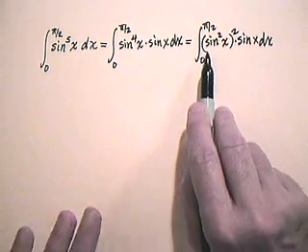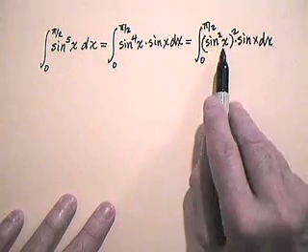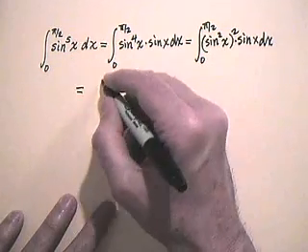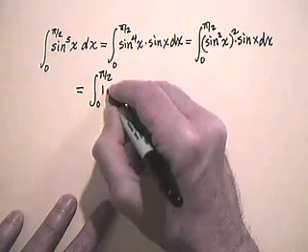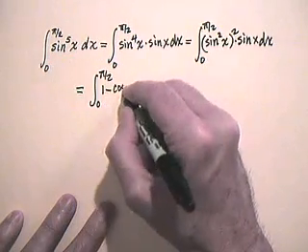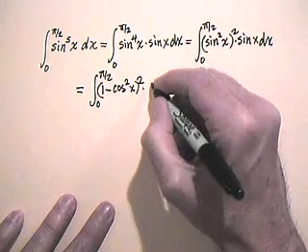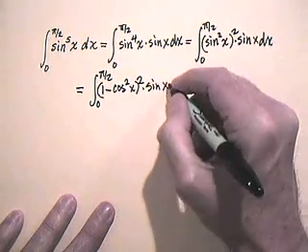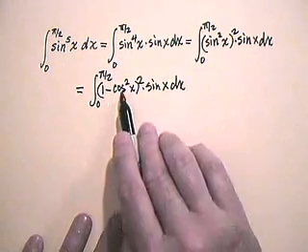Now we use our Pythagorean identity. Sine squared of x is 1 minus cosine squared. So we have the definite integral from 0 to pi over 2 of 1 minus cosine squared x, quantity squared, times sine x dx.